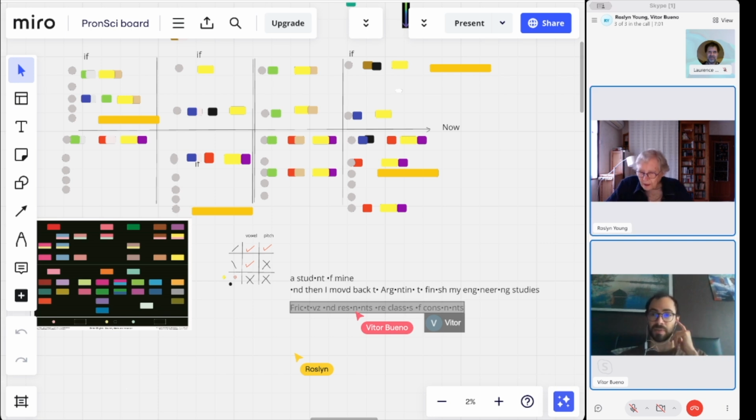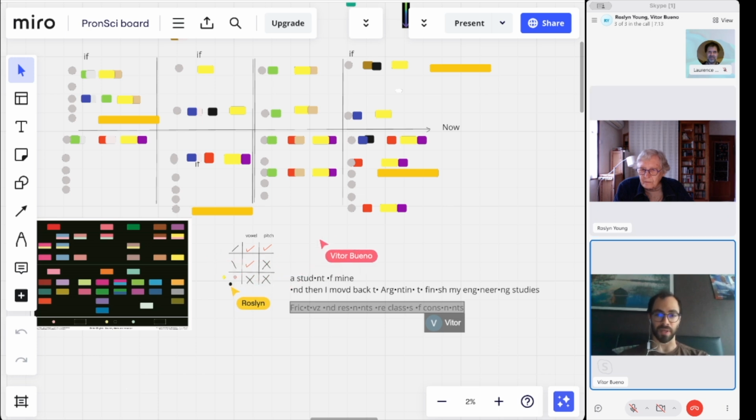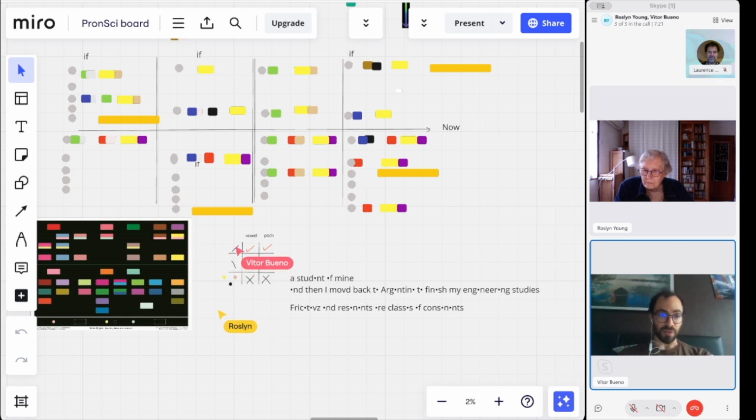Okay, right. So we have 14 syllables. And how many of each of these do you have in this sentence? Okay. So, fricatives and resonance. I think so.